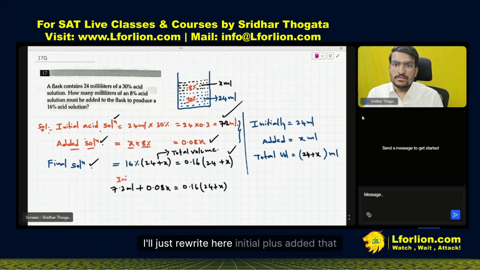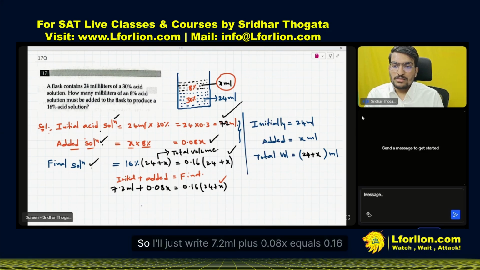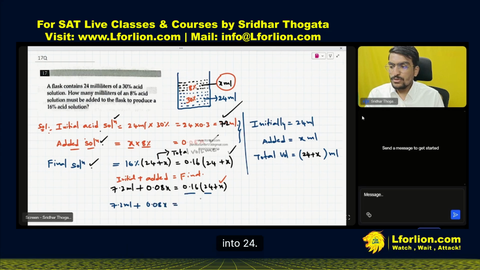I'll just rewrite here: initial plus added equals final, to find the value of x, how many ml we added. We just equate the given information. So I'll write 7.2 ml plus 0.08x equals 0.16 into 24.